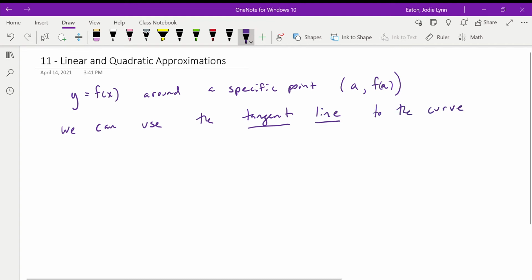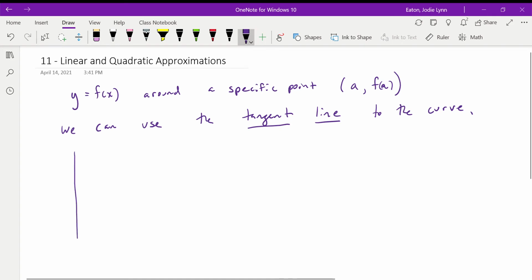So this is an example of how we can use the derivative to approximate a more complicated curve in a particular area. So we're really interested in just what's happening in the area right around a comma f of a. So let's have a look at what that means.